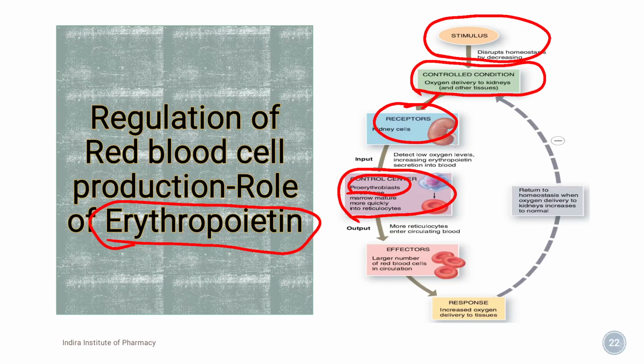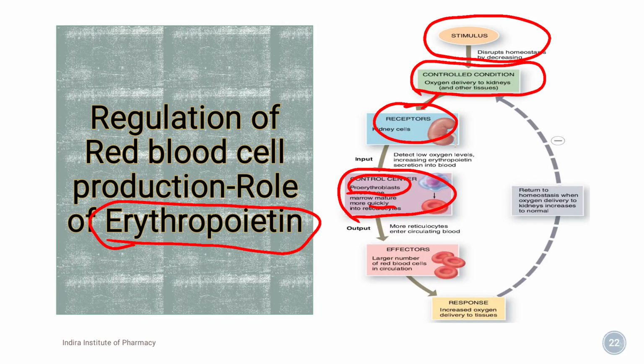So it is telling the process to go faster, that is, the conversion of pro-erythroblast to reticulocytes or erythrocytes. Once this process is very fast, a larger amount of RBCs is available for circulation in the blood.